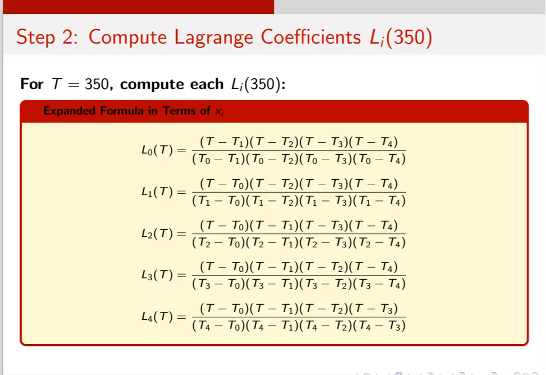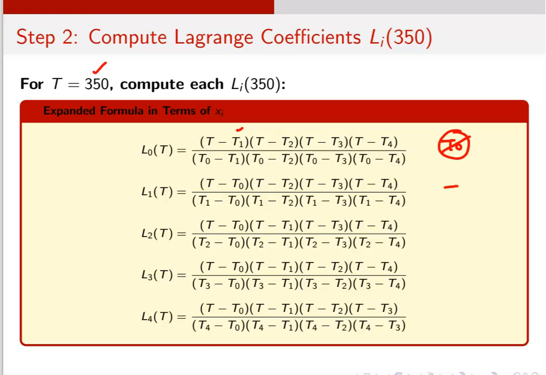For L0 of T, where T is the temperature, we start from T0, so T0 will not be in the numerator. The numerator is T minus T1, T minus T2, T minus T3, T minus T4. The denominator is T0 minus T1, T0 minus T2, T0 minus T3, T0 minus T4, multiplying these subtractions together.